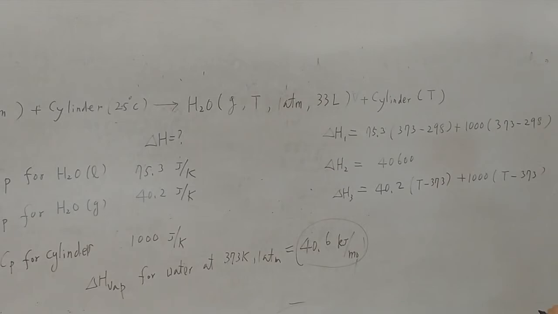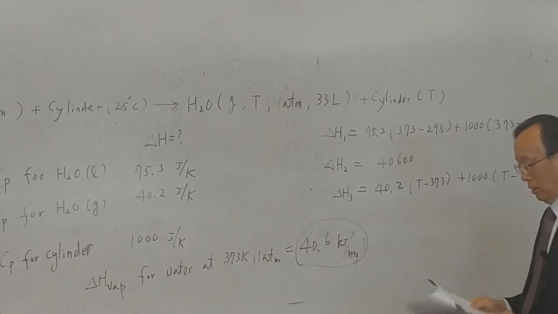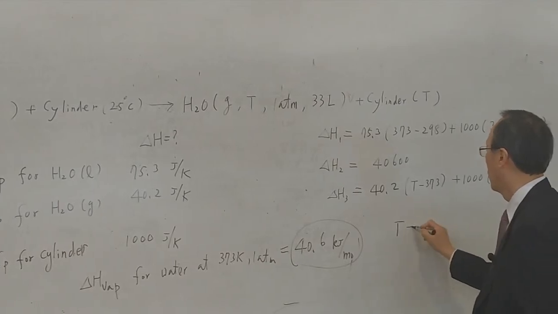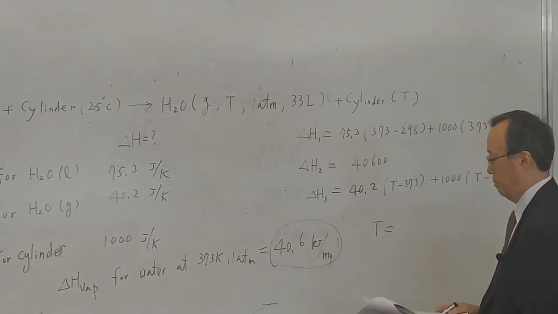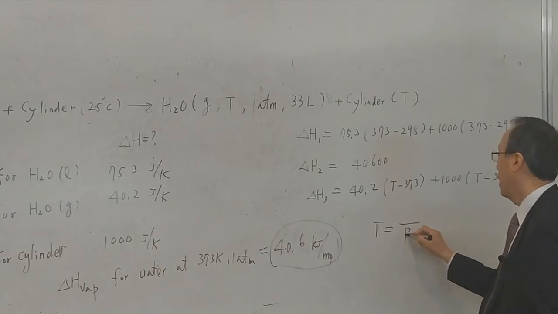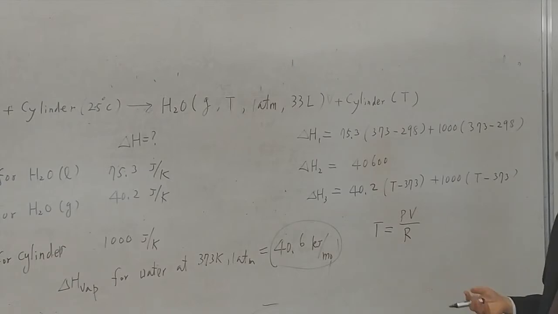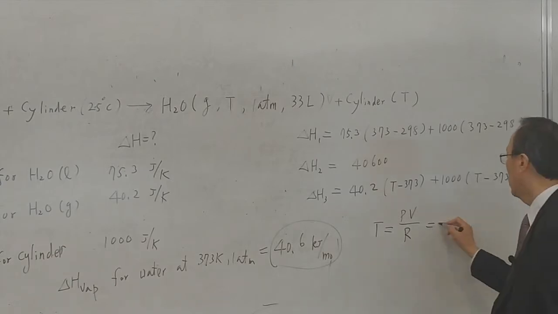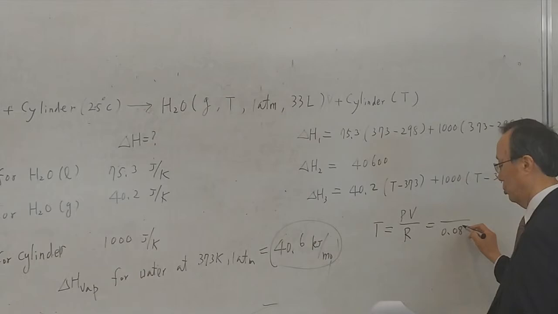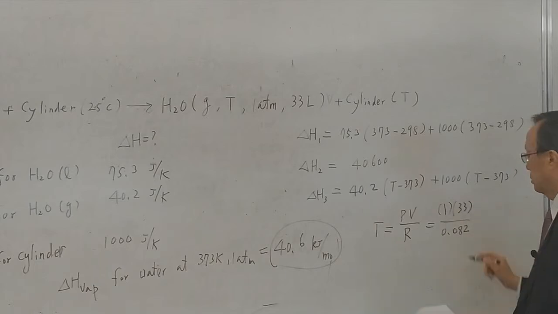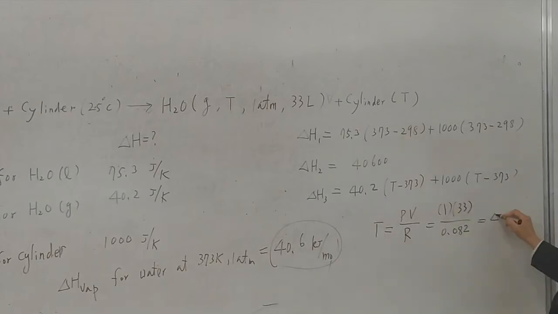So how can you calculate T? Temperature T equals PV over nR. n equals 1 mole H2O, right? So R equals 0.082, P equals 1 atmosphere, V equals 33 liters. So this is 402 K.